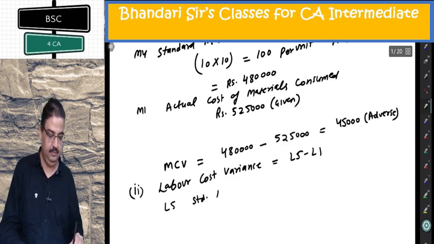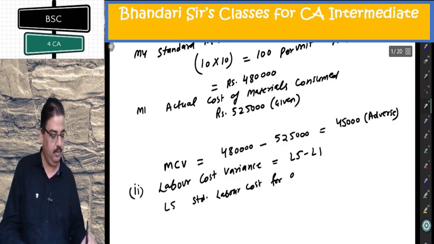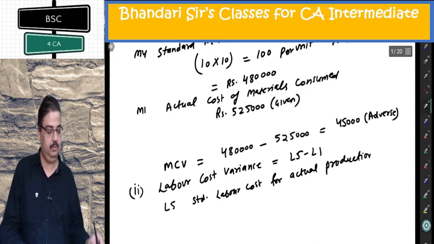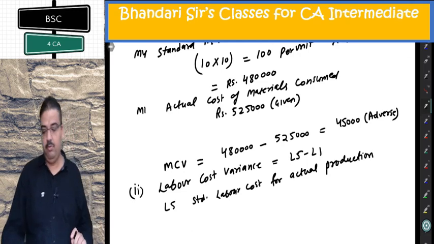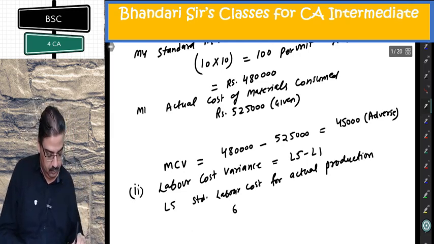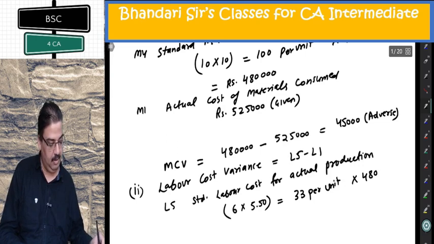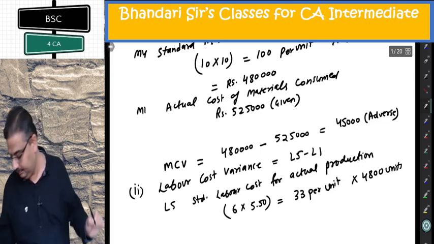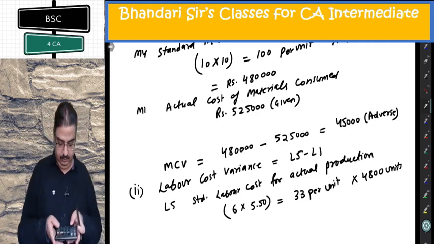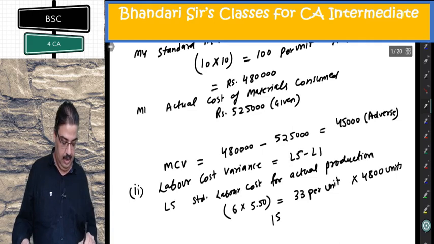L5, standard labor cost for actual production. 6 into 5.50, 33 per unit multiplied by 4800 units. 33 into 4800, 158400.